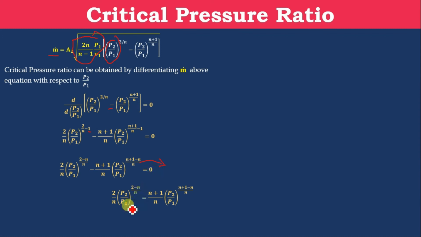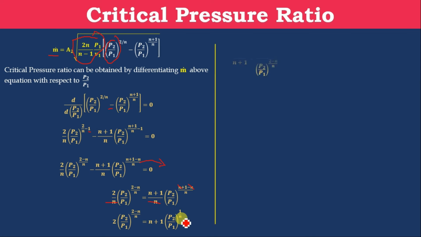Minus becomes plus: 2 divided by n P2 divided by P1 whole power 2 minus n divided by n is equal to n plus 1 divided by n P2 divided by P1 whole power n plus 1 minus n divided by n. This n will get cancelled. So this equation can be written as 2 P2 divided by P1 whole power 2 minus n divided by n is equal to n plus 1 P2 divided by P1 whole power 1 divided by n.